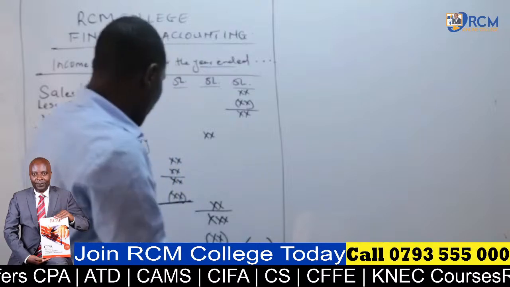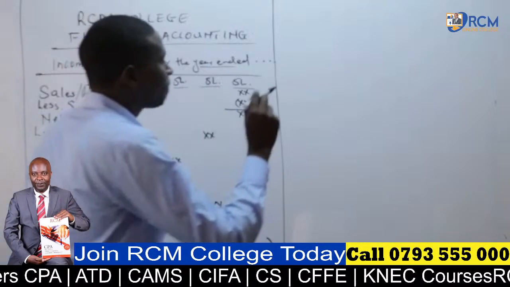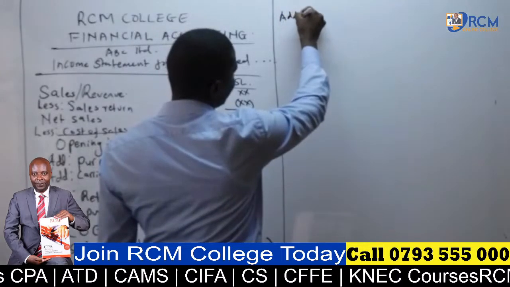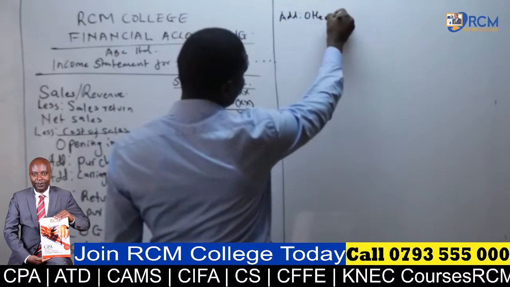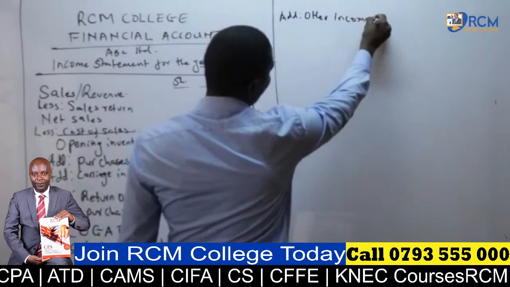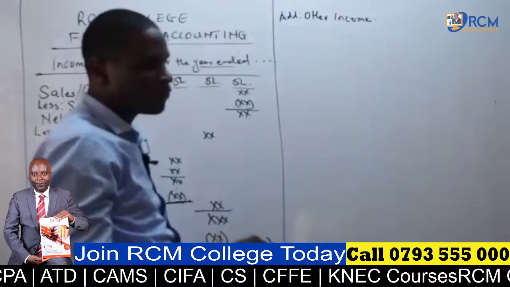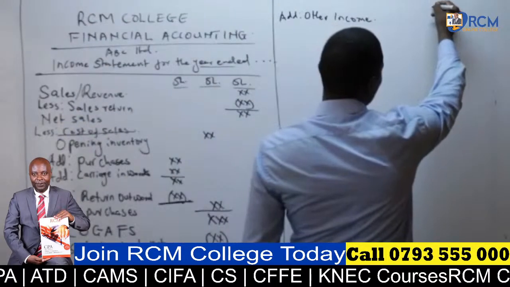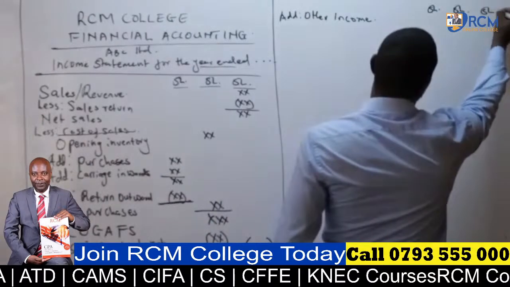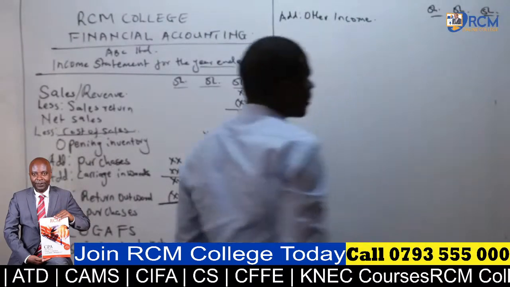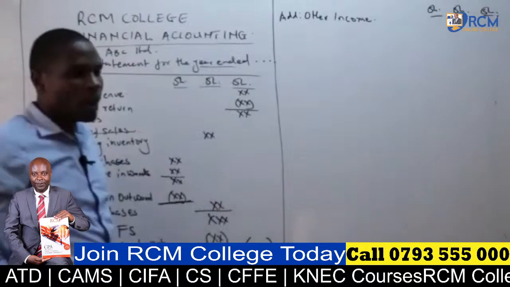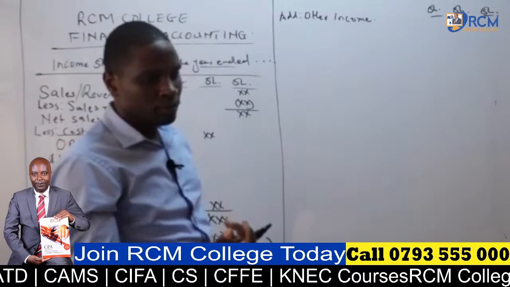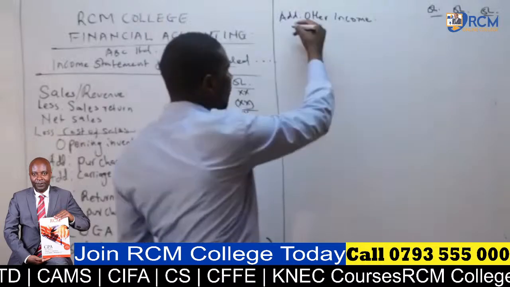Now, when you have your gross profit, class, please add other income. Don't forget to check from your trial balance whether you have other income. For example, can you give me one item that falls under other income? Investment income.